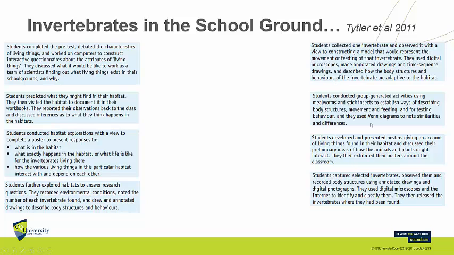They then went on at stage 6 to conduct group-generated activities using mealworms and stick insects to establish ways of describing body structures, movement and feeding. So notice here, two creatures that obviously have the common term of living together. They share that common framework. But what we're talking about here is looking at different ways of describing body structures, movement and feeding.